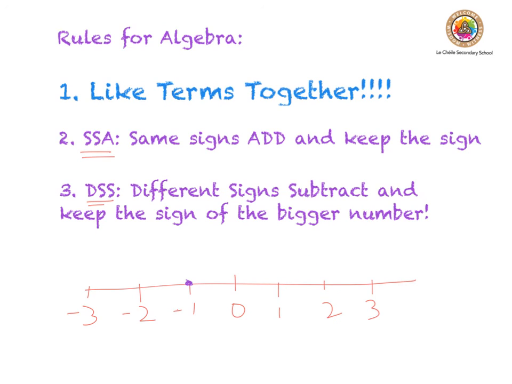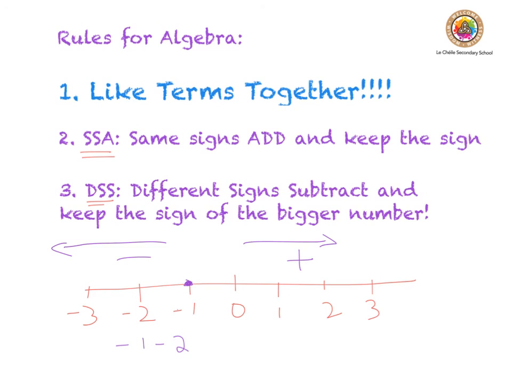So I know that if I'm adding a plus, that I'm moving in this direction, and if it's minus, I'm moving in this direction to the left. So here, if I have minus 1, minus 2, well, this minus 1, that's where I start. And the minus 2, that's the actual subtraction.